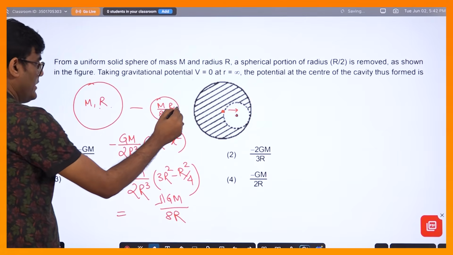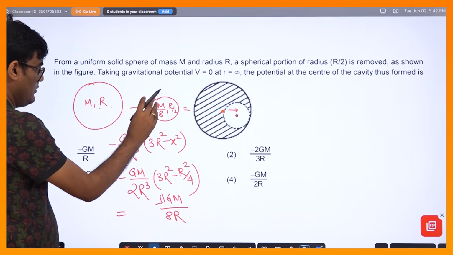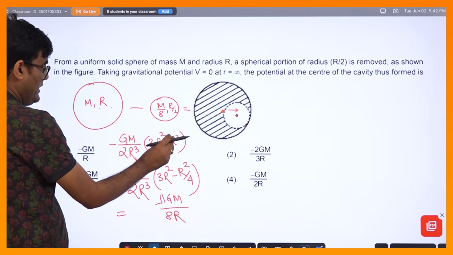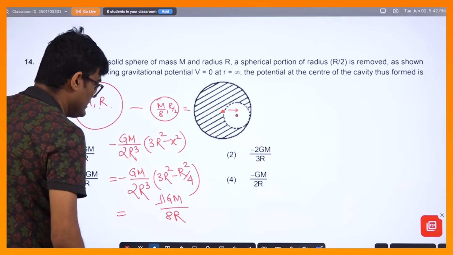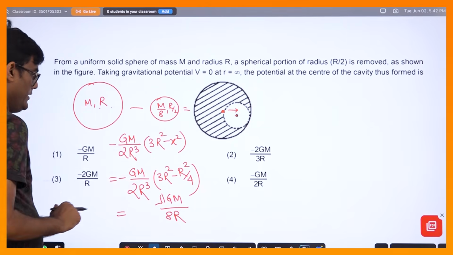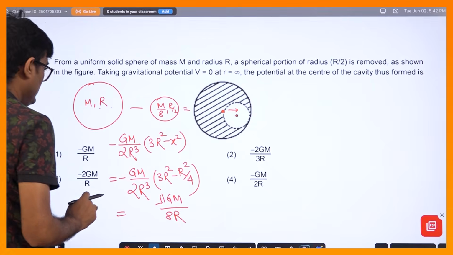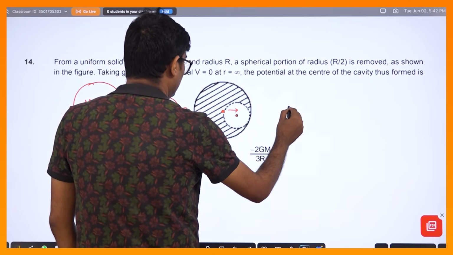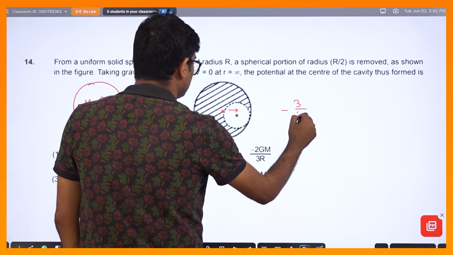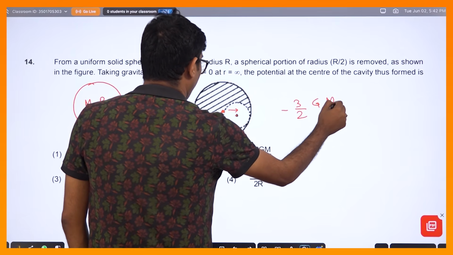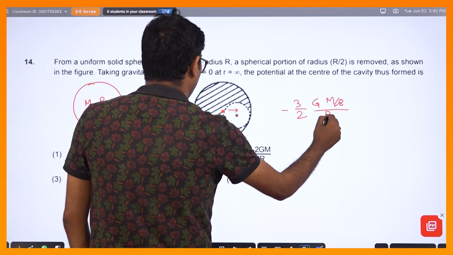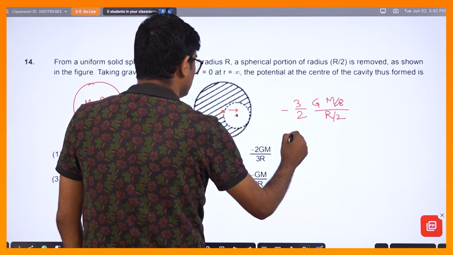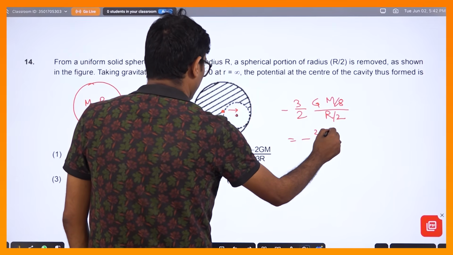Now I subtract the smaller one. For the smaller one, x is 0 because I have to find the potential at the center, and the radius is r by 2. So for the center of the smaller one, it is minus 3 by 2 into gm by 8 divided by r by 2, so it is minus 3 gm by 8r.